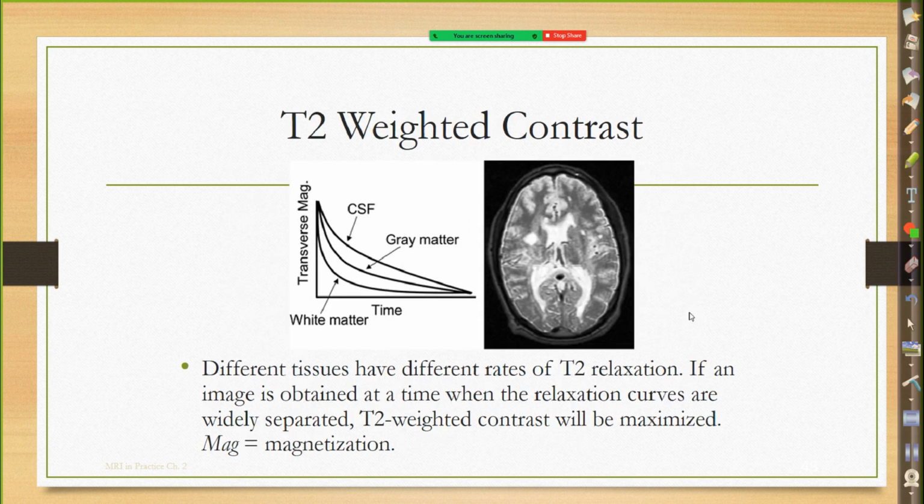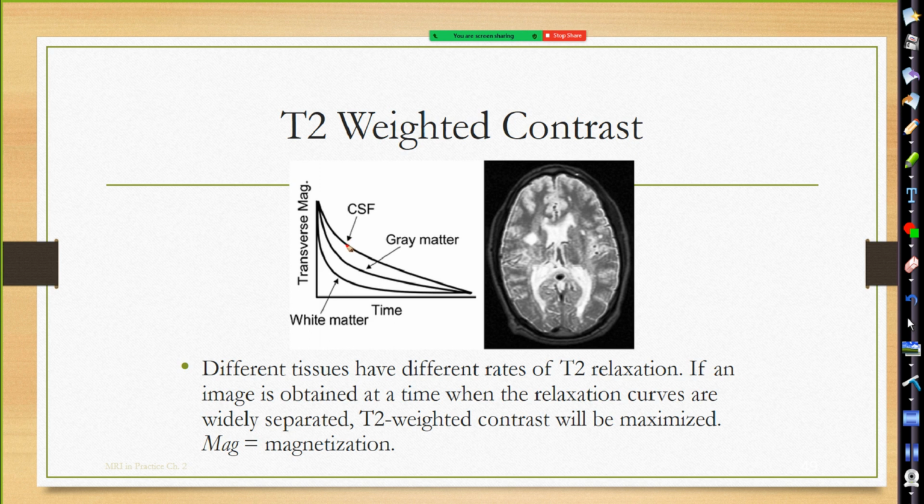So when you're looking at an image here, you can see just based off these structures right here. We have CSF, that's water, and it decays the slowest. So it's going to have a larger vector in the transverse plane for longer, if you want to think of it that way.